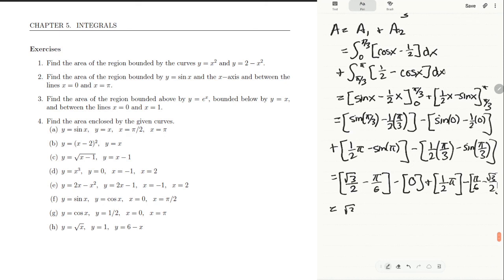So we have root 3 over 2 minus pi over 6 plus 1/2 pi minus pi over 6 plus root 3 over 2.